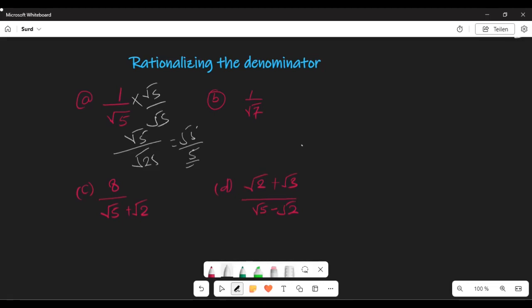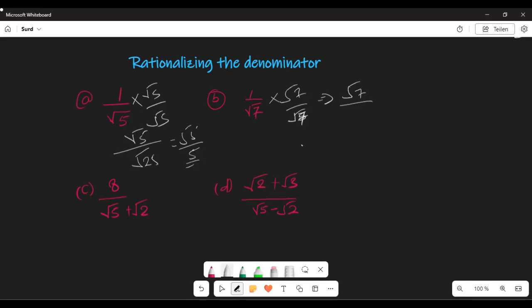For b, it's also the same. We multiply here by root 7 over root 7. We just want to do away with them. So in this case, again, we have 1 over root 7, so this is going to have root 7 over, so this is not root 5, this is root 7 also.